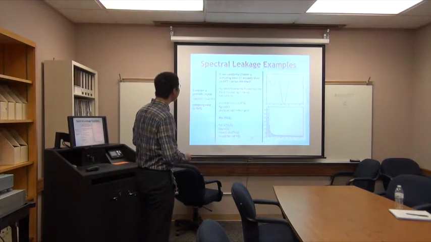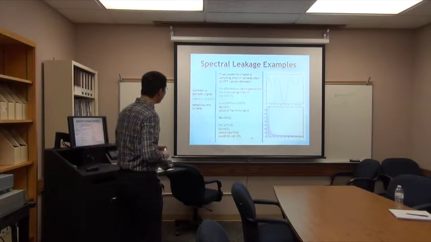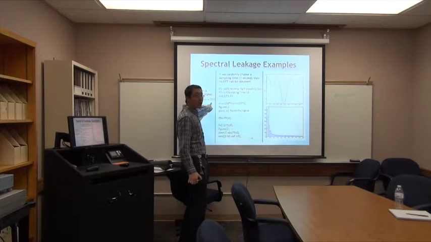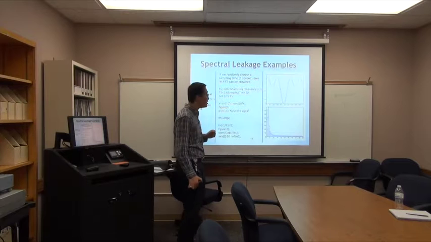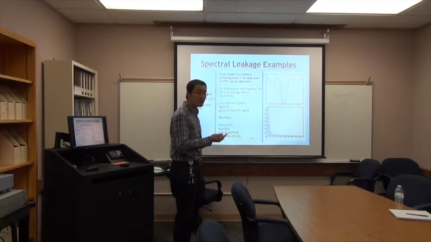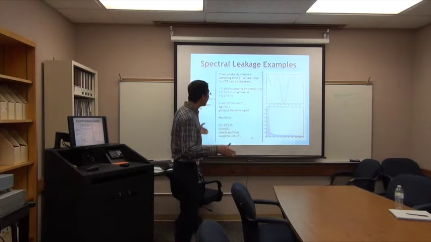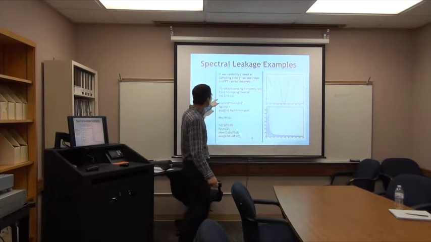Alright. Some more examples with spectral leakage. This is a periodic signal built with sin 10t and cos 20t. Now, we randomly pick a piece of this signal from 0 to 1 second, and then we plot it.